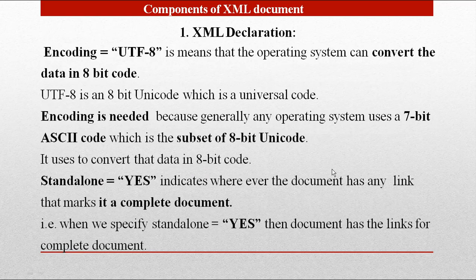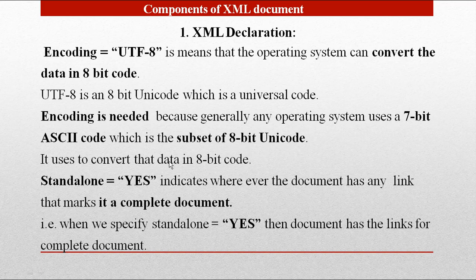Then in the XML declaration, encoding equal to UTF-8 means that the operating system can convert the data into 8-bit code. UTF-8 is an 8-bit Unicode, which is a universal code, and encoding is needed because generally an operating system uses 7-bit ASCII code, which is a subset of 8-bit Unicode.